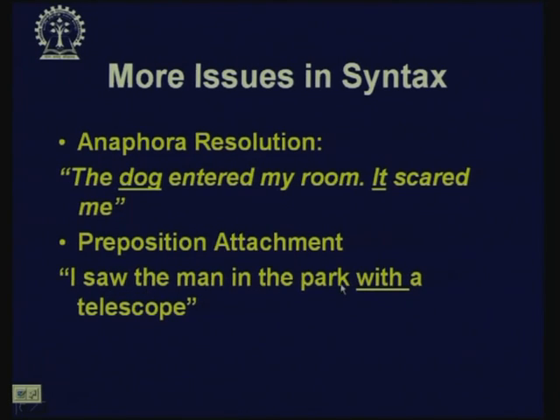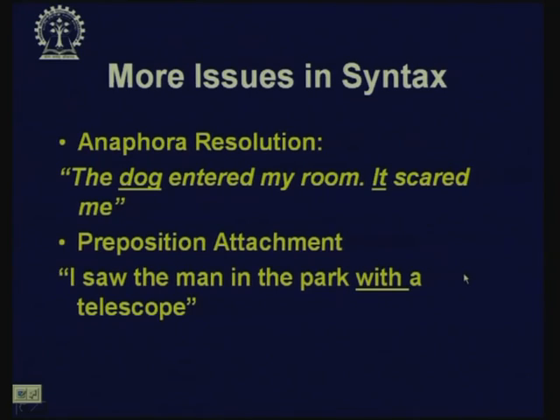I saw the man in the park. Or this could be related to the man, that I saw the man with a telescope in the park, a man was carrying the telescope. Or the other thing is, I saw the man in the park which had a telescope. These are three possibilities.